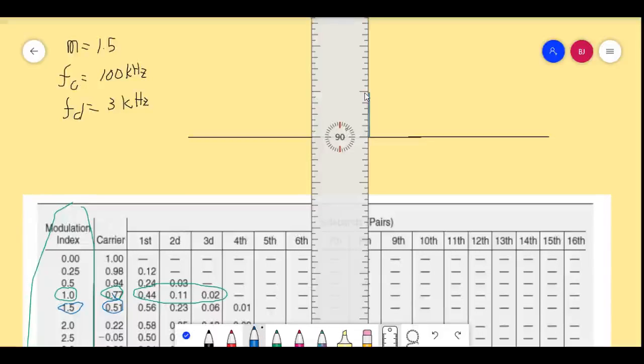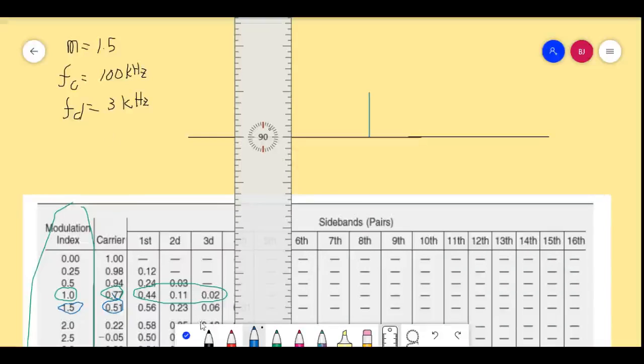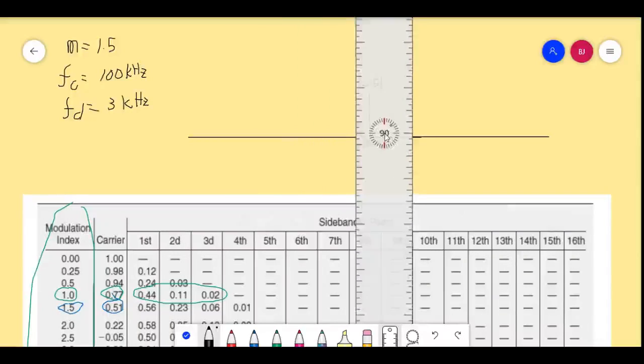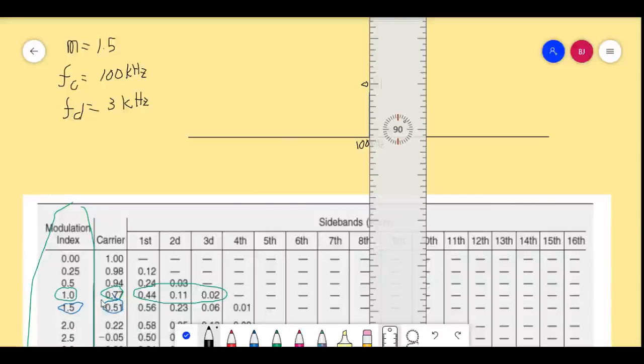So let's say this is 0.51. So we don't forget the label. And because the frequency was given, this would be 100 kilohertz. There we go.